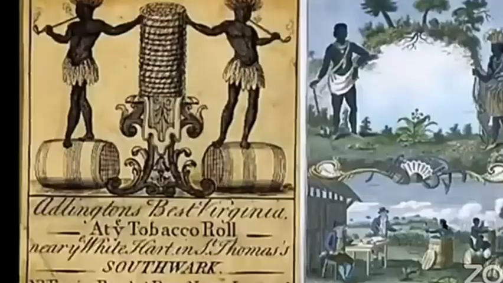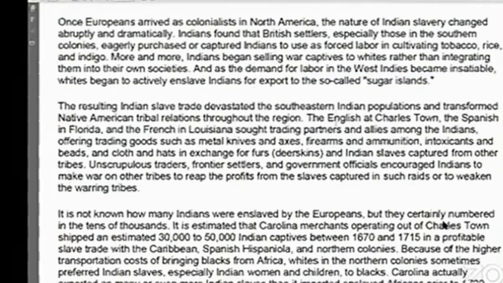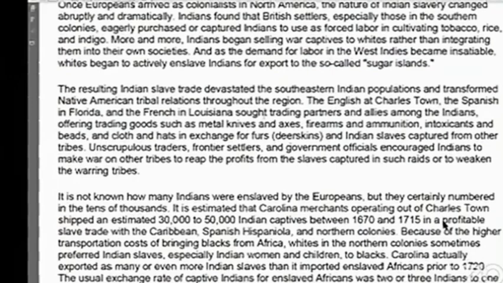And as the demand for labor in the West Indies became insatiable, whites began to actively enslave Indians for export to the so-called Sugar Islands, all right? That includes Jamaica, right? The resulting Indian slave trade devastated the southeastern Indian populations and transformed Native American tribal relations throughout the region.